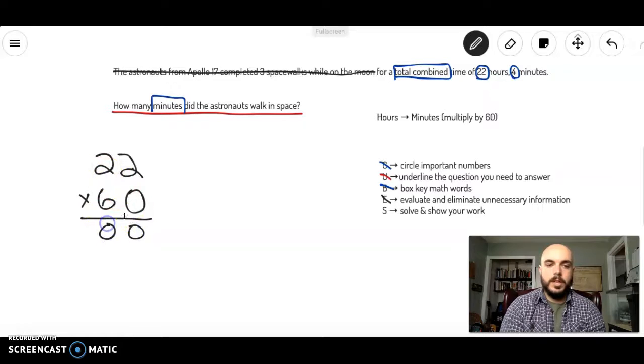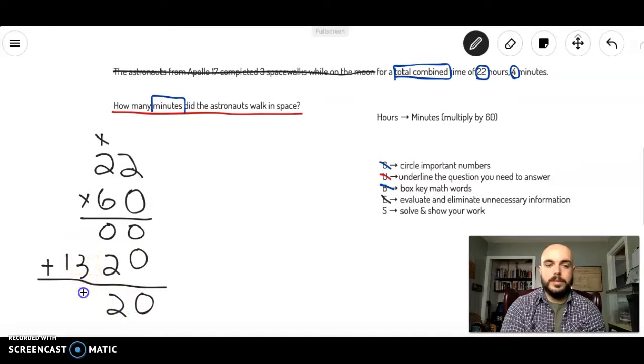I'm going to bring my placeholder down because I'm starting multiplying the tens place, so I need to start putting my answers in the tens place. 6 times 2 is 12. Carry my 1. 6 times 2 is 12, plus 1 is 13. And I'm going to add. 0 plus 0 is 0. 0 plus 2 is 2.